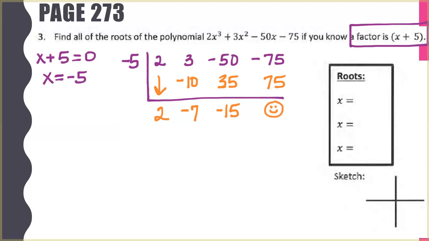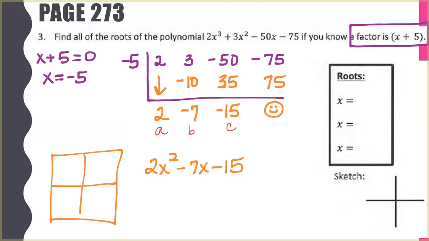So this is my A, B, and C. So it's 2x squared minus 7x minus 15. So I'm going to make my box. 2x squared will go here, and -15 goes here. So I need two numbers that multiply to be 2 times -15, which is -30, and then add to -7.